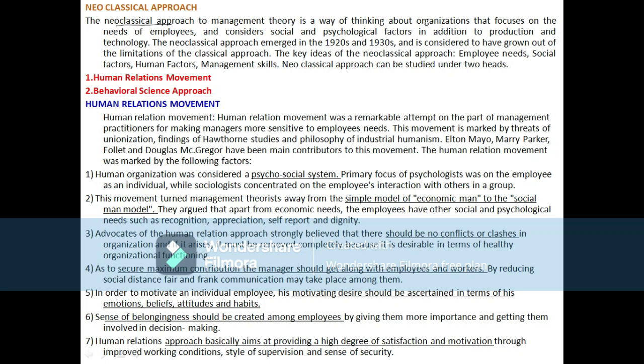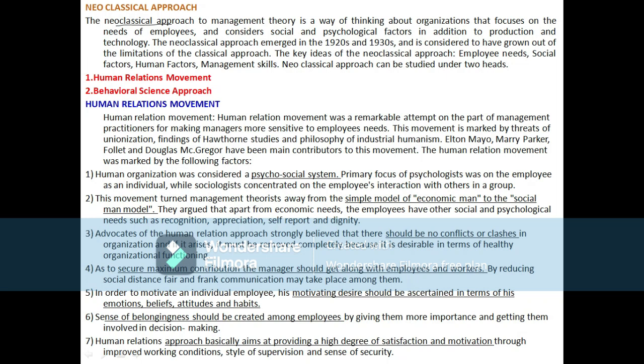They gave more importance to increasing the productivity and efficiency of the workers only, but they did not consider the human factors or human elements at all. They did not even touch the human aspects like emotions, needs, feelings, etc.